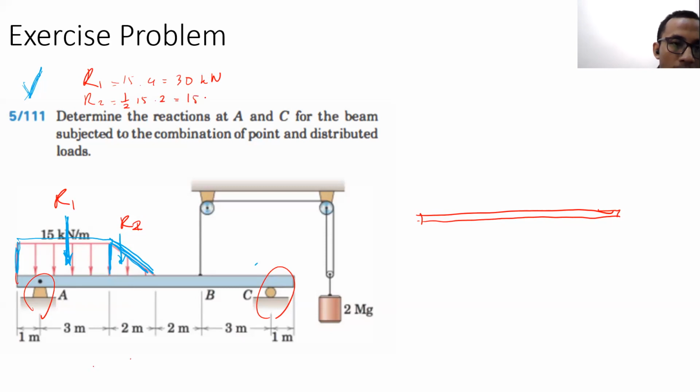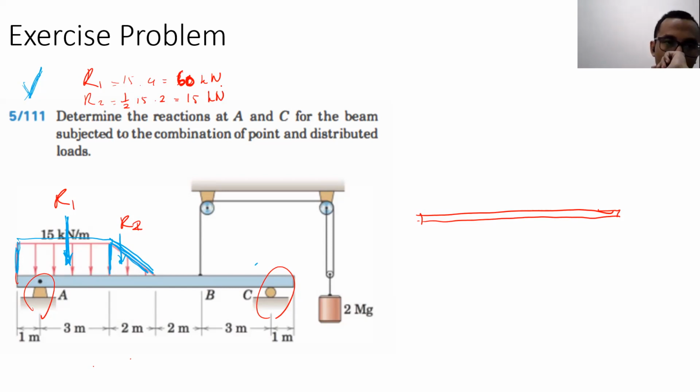So it's 15. Okay, but 15 multiplied by 4 is not 30, right? Oh, 60, sir, 60. Yeah, it's supposed to be 60. That's my mistake. Okay, 60 kilonewton and 15 kilonewton. That's R1 and R2. How about X1 bar and X2 bar?